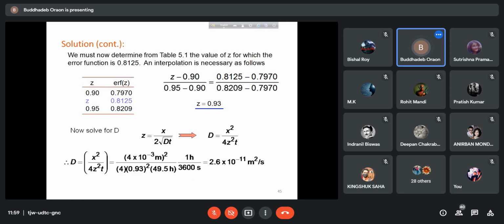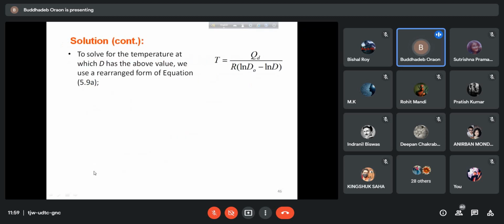Once D is known, I will put that in the original equation of D. Here D is known, and of course D naught and everything will be known to me. So I can calculate the temperature, or carburizing temperature, whatever you can call it, from this equation.